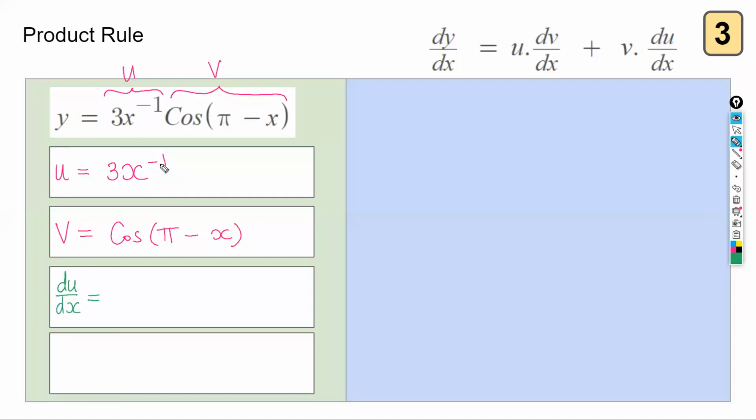This one here, the power only belongs to the x, so that's good news. You throw the -1 in front, the -1 will be multiplied by the 3, so you will get -3, and then you -1 from the power. -1 minus another 1 is -2. I think the majority of people will have everything correct here, the minus sign here, and also the -2. I'm pretty sure, well, 99% of the class will have it correct. But the other one, I know is going to cause some problems.